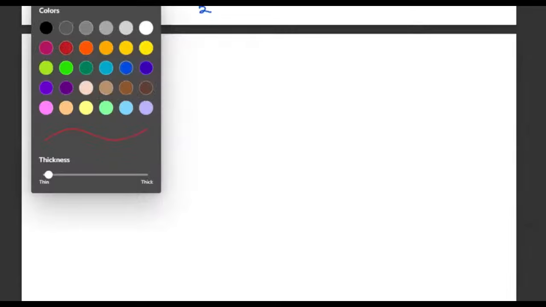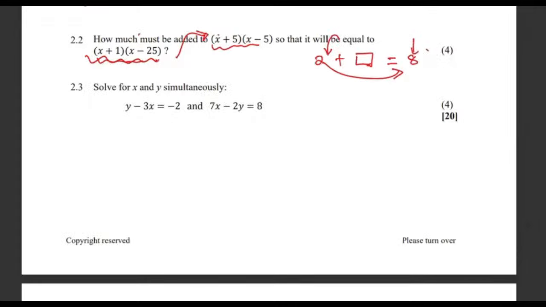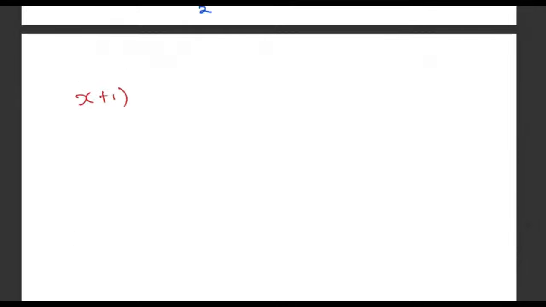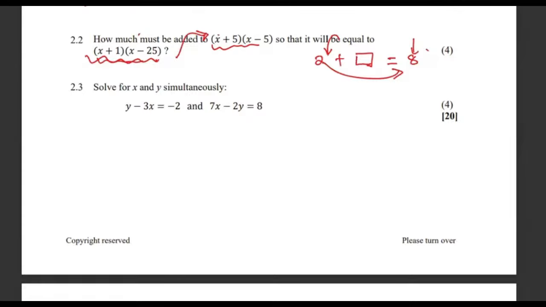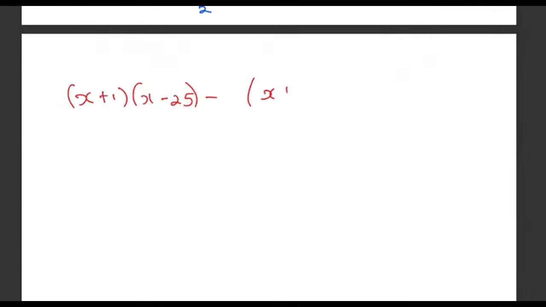that our x, okay, because the last bracket is x plus 1, x minus 25. x plus 1, x minus 25. We are subtracting x plus 5, then x minus 5. Okay, so let's open this up and then we see.